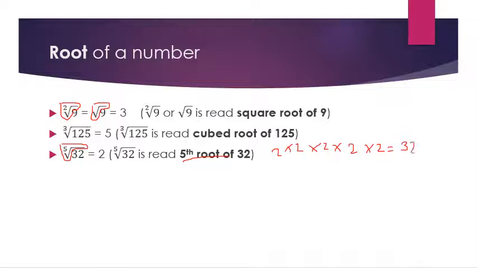So that's why the fifth root of 32 is 2. And so we have a notation for any number being rooted by n, the nth root of a number, and we get the answer.